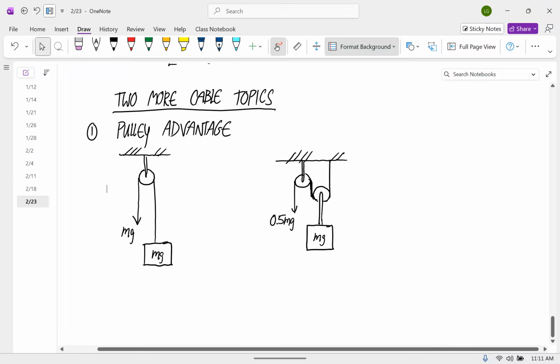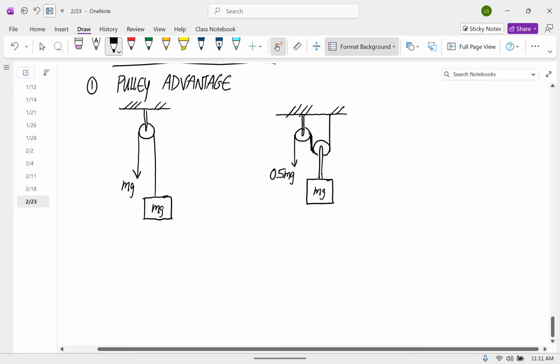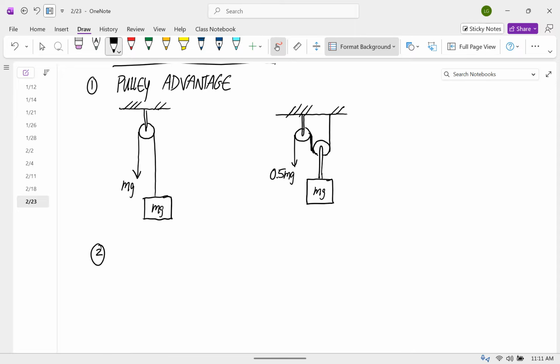And then the second thing we're going to do is put this pulley stuff into what's called an Atwood machine. It gets at some stuff that comes up a lot in relativity, actually.